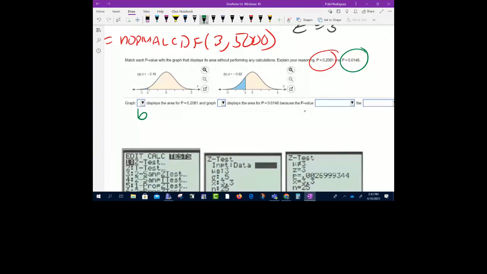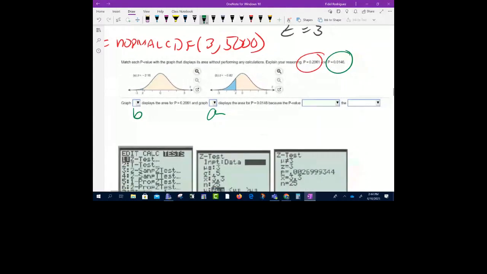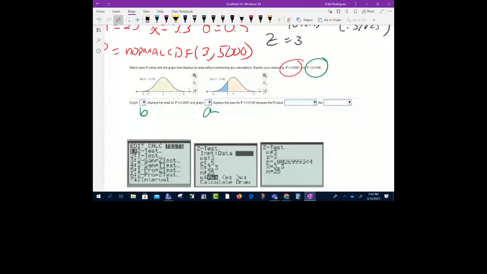And then wouldn't that one have to be A? Because the p-value shows the area in the shaded part.